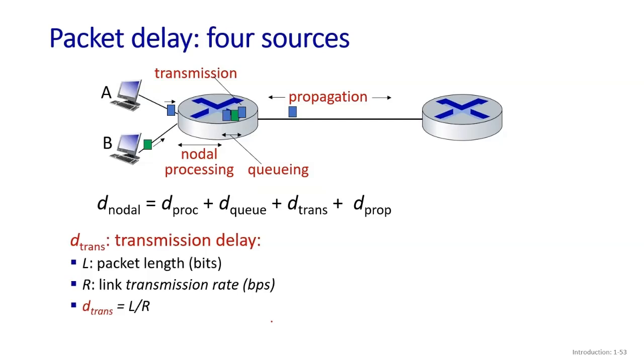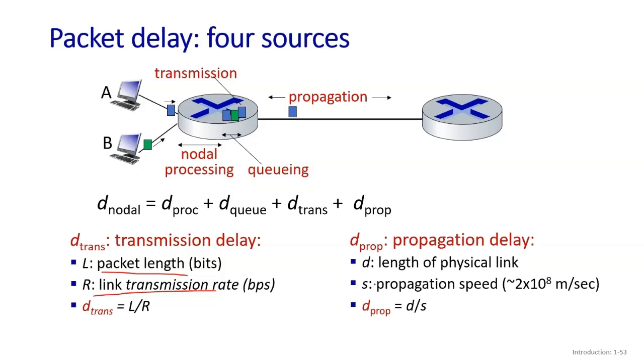Then we have the transmission delay. We have already studied that the transmission delay is a function of L over R, where L is the length of the packet in bits and R is the link transmission rate in bits per second.